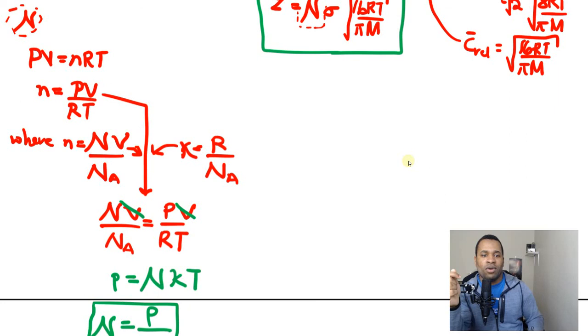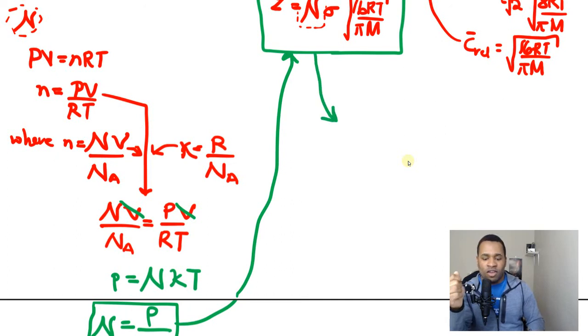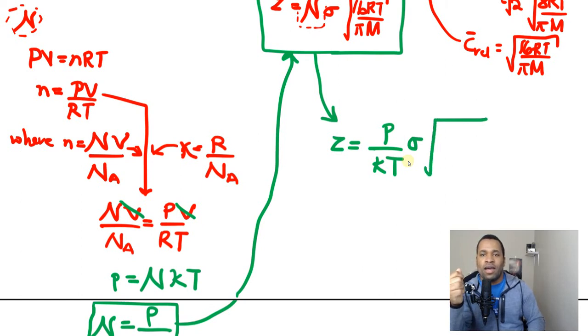So therefore, putting this in here will then lead us to our new expression for Z, which is now equal to pressure over our Boltzmann's constant multiplied by the temperature, and all this is multiplied by the cross-section area, and this is all multiplied by the square root of 16RT over pi times molecular weight.